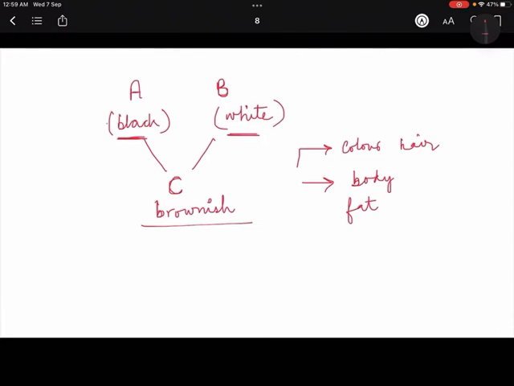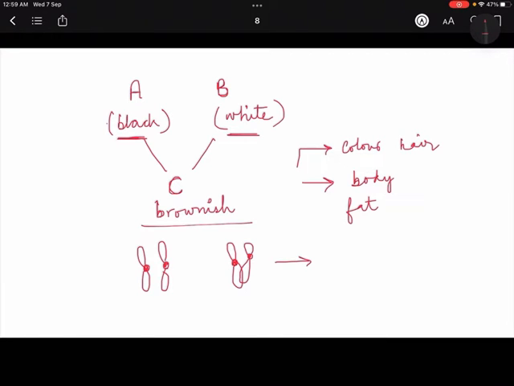And recombination happens when, for example, this is a chromosome. This is a homologous pair of chromosome, right? During recombination, they may turn to like this.